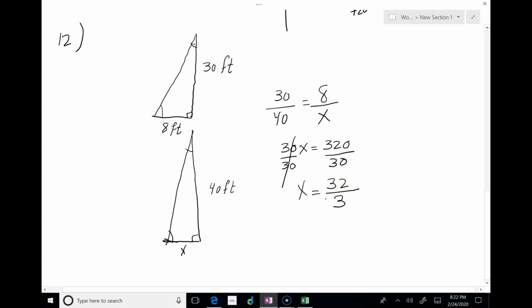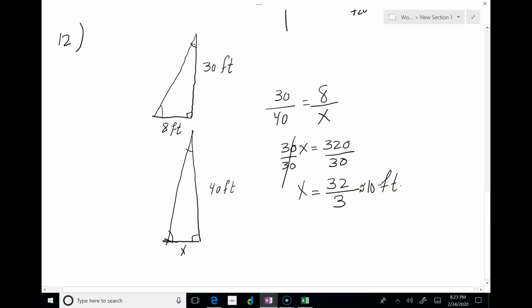And then you can just round that number using your calculator, or you can just use it as x, which is 10.6. You can just use your calculator. But again, since the calculator is not allowed on the test, you can just use the rounding, or you can just leave it as fractions. So you can just say that's about 10 feet long.